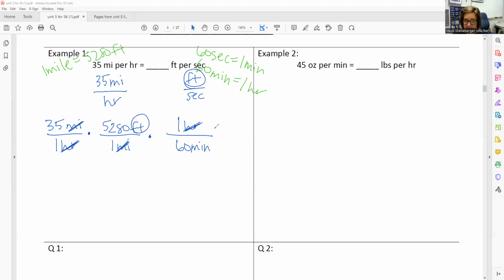I want to have seconds on the bottom. So we use this one already. That's where this one comes in. 1 minute is the same as 60 seconds. And so see, I can cross cancel those right there. And now I have seconds on the bottom. So I know that I'm good. Let me rewrite this so that you can see the math, because we've got so many lines crossed out.